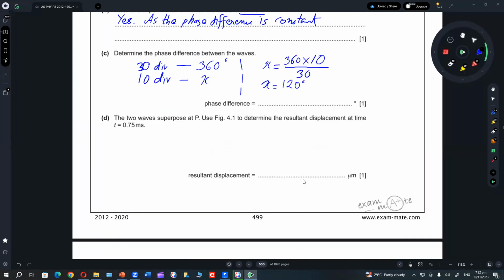The two waves superpose at T. Use figure 4.1 to determine the resultant displacement at time equal to 0.75 millisecond.